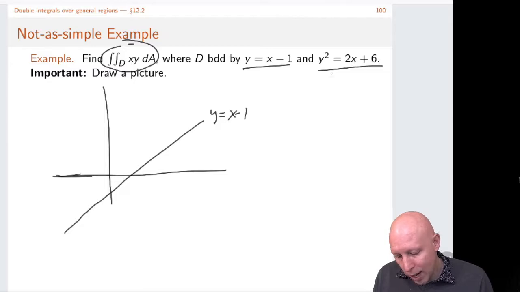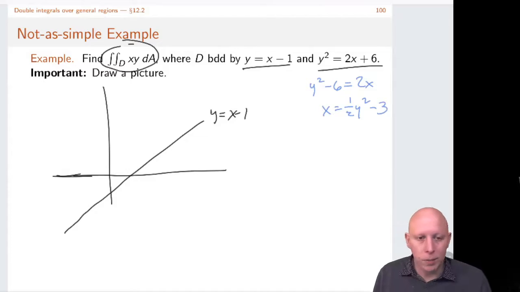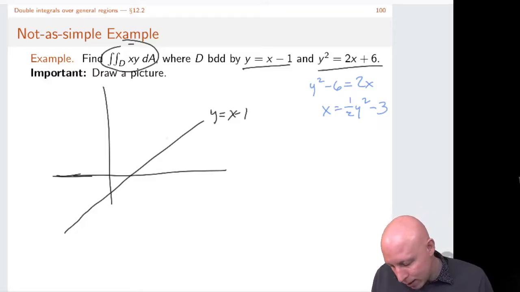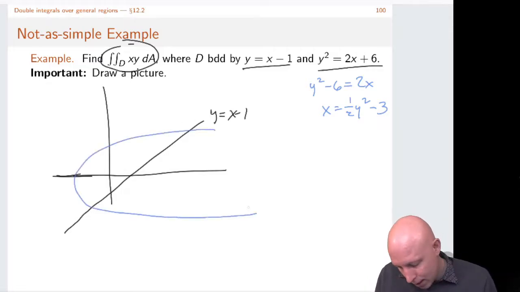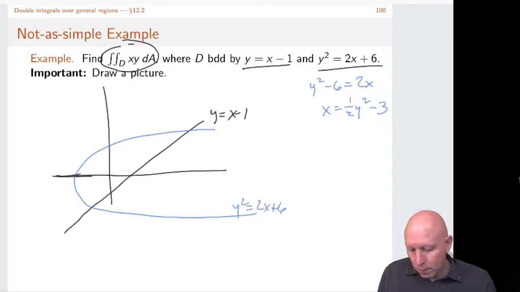If we subtract 6 from both sides, y squared minus 6 is equal to 2x, or x is equal to 1/2 y squared minus 3. So that's a parabola opening in the direction of x, but shifted back 3 units. So that looks like this. This is our y squared equals 2x plus 6.